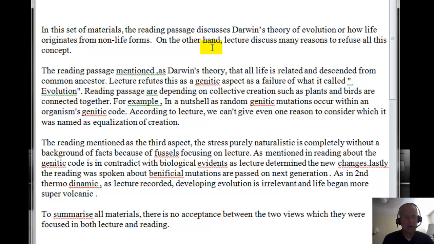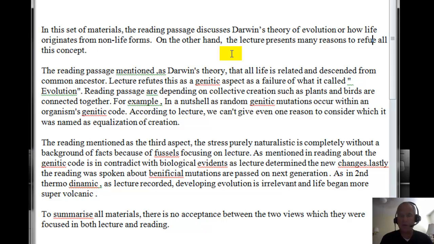Then you say, on the other hand, the lecture, remember what I was saying a minute ago? Usually the simple present and the simple past are probably the two most common verb tenses used in writing, especially academic writing. So I'm going to use the simple present. On the other hand, the lecture discusses, we already said discusses before, right? So you might say presents many reasons to not refute.